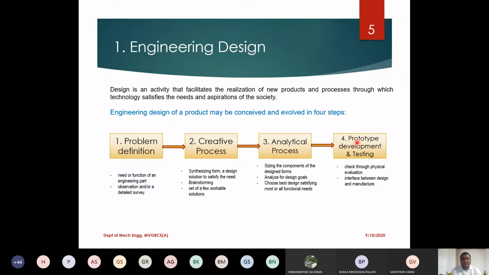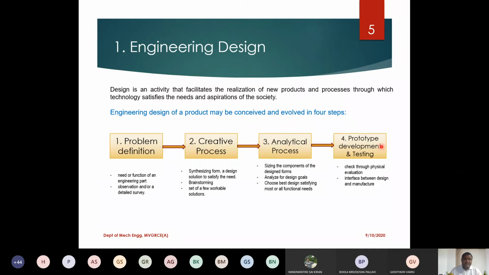That's the reason for problem definition, creative process, analytical process, prototype development and testing up to the concept, so that whatever thought a particular person is having, that thought or idea has to be engineered or calculated, and finally he should come up with an analyzable product as well as a tested product. Of course, we are calling it a prototype.